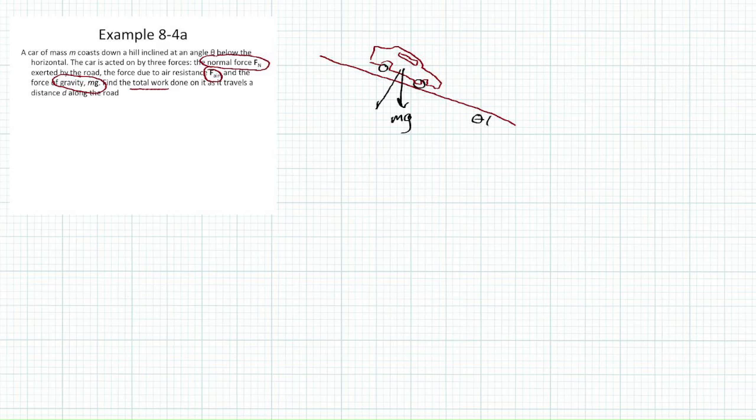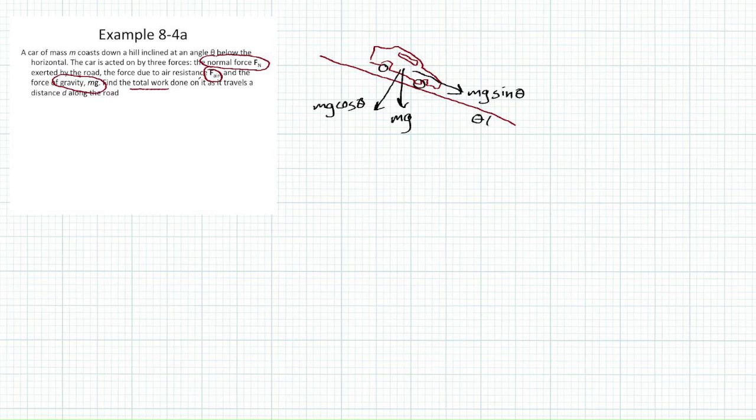mg is broken into two parts. We have the component perpendicular to the surface, which is mg cosine theta. And then we have the component parallel to the surface, mg sine theta. So that's our weight force broken into two parts. It's absolutely going to have some sort of effect on the car going down the hill. But these other forces, how do we figure them into play?